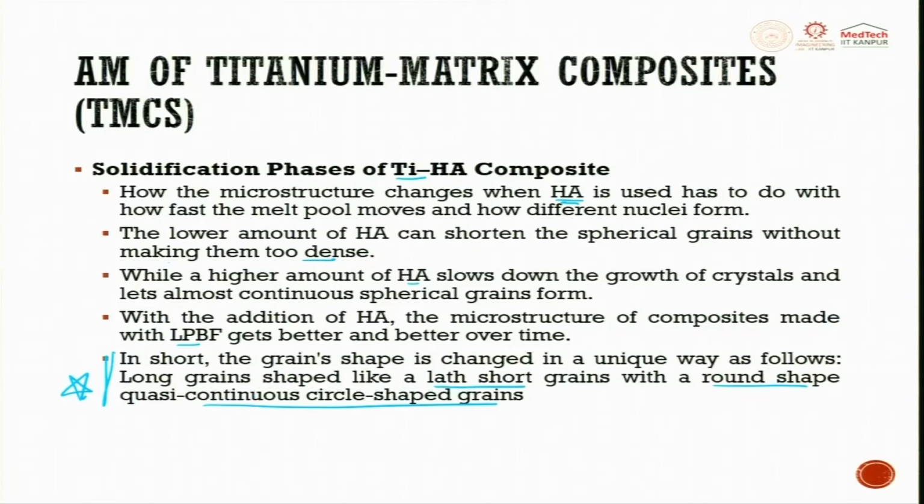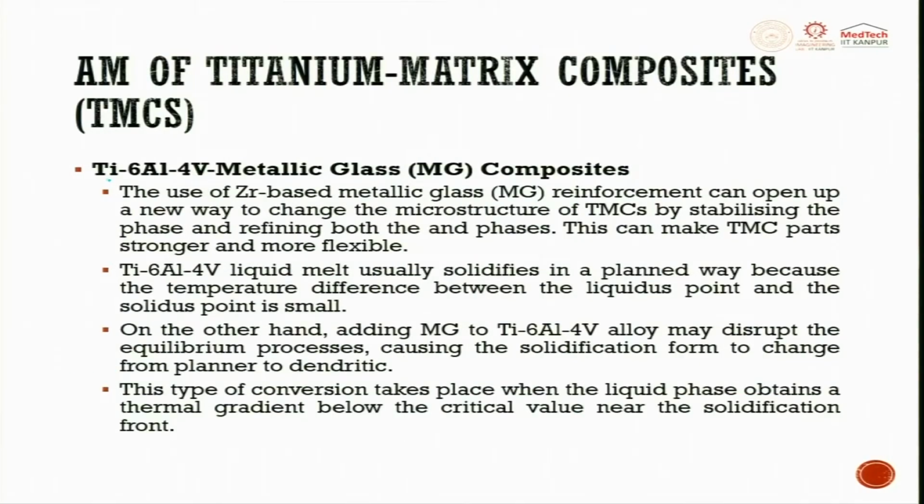Today we also make TiB2 metallic glass composite. Metallic glass means they show properties of metal as well as glass, so they undergo the glass transition temperature behavior here too.